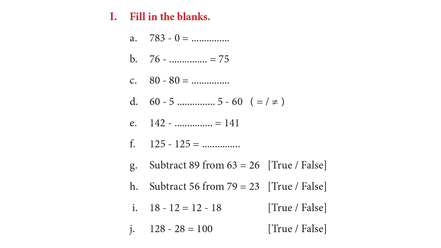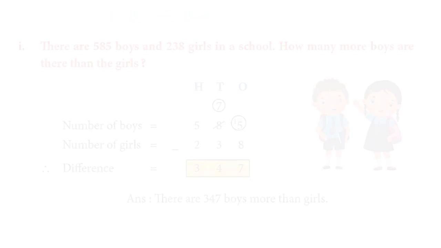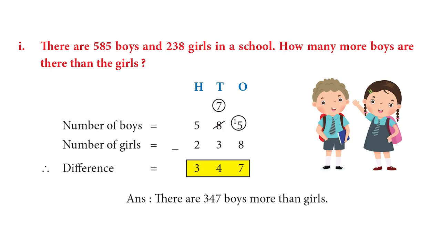Alright. Page number 93 again has sums for you to practice. Look at the place values of the numbers, you can practice them in your notebook. Moving forward to word problems. There are a few word problems that are already done for us. Let's take a look at it, it will appear on your screen. There are 585 boys and 238 girls in a school.